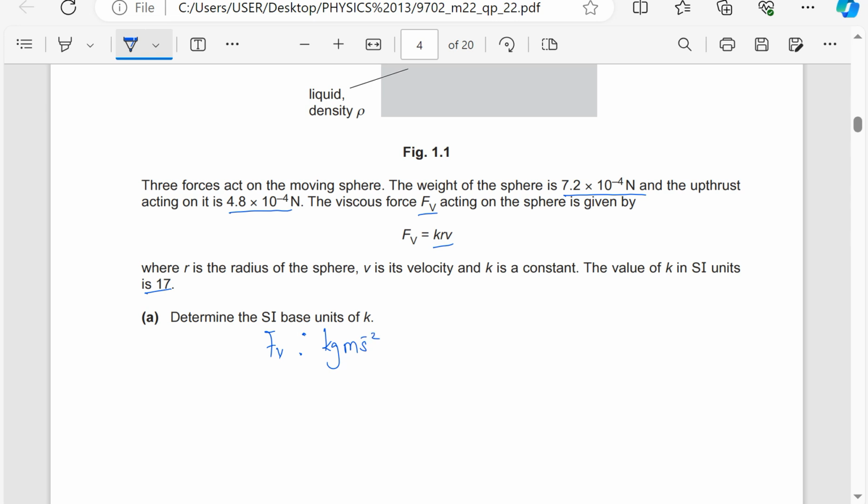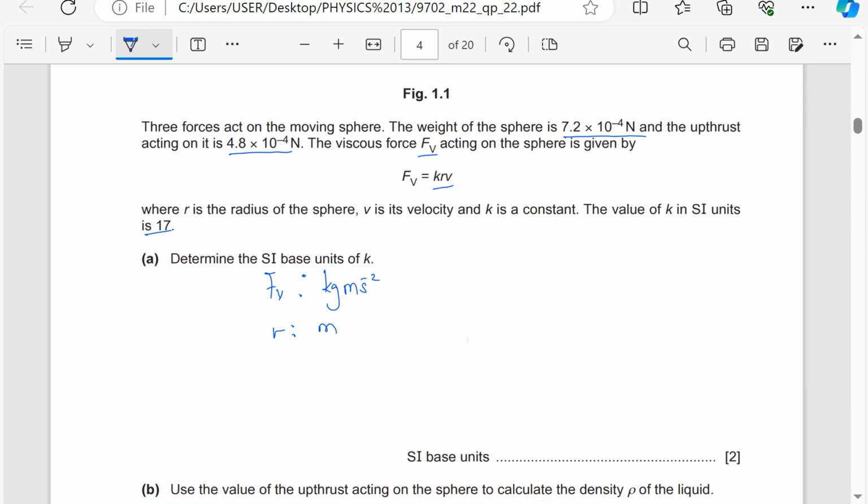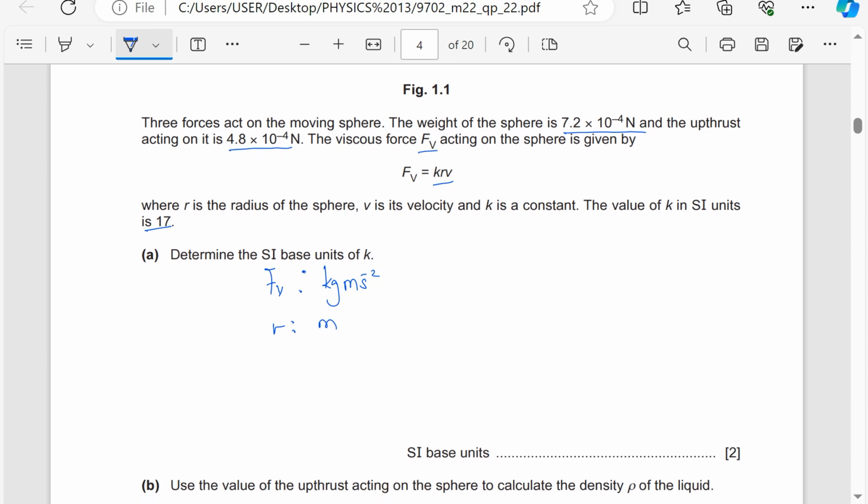K is a constant, R is radius, so the base unit of R is meters, and V is velocity, whose base unit is meters per second. I'm going to make K the subject. So K is going to be Fv divided by R times V.